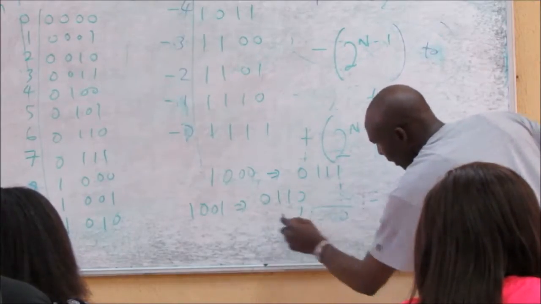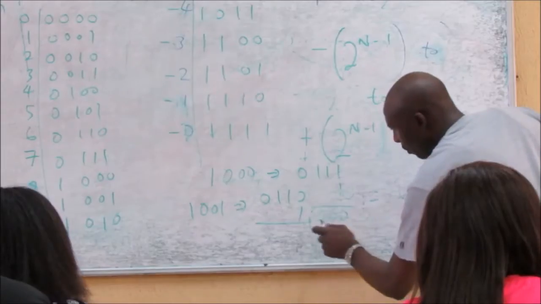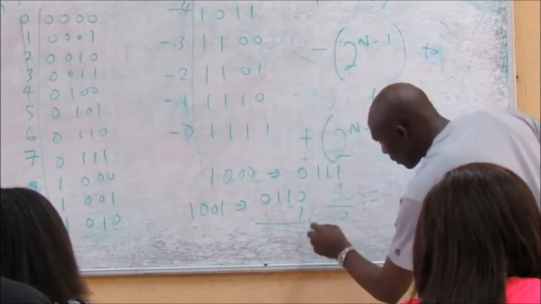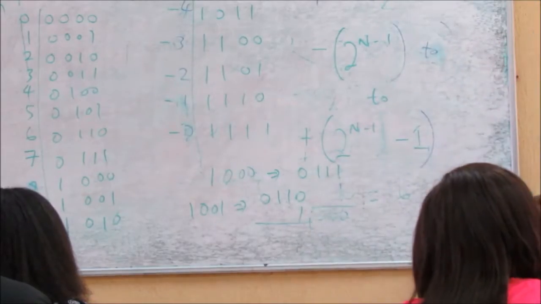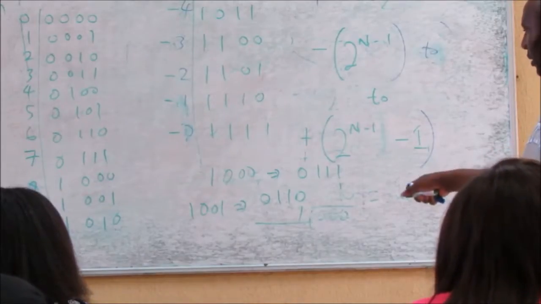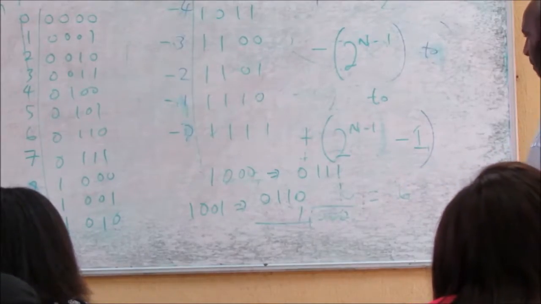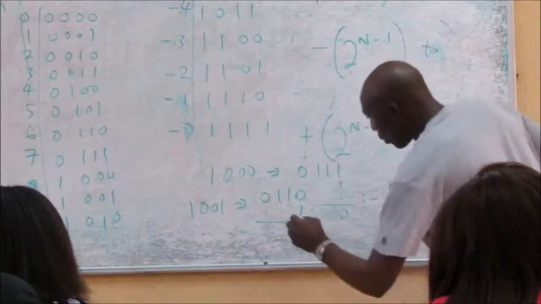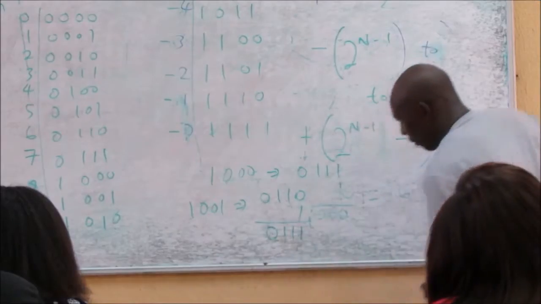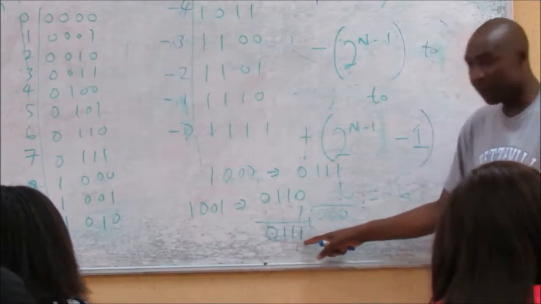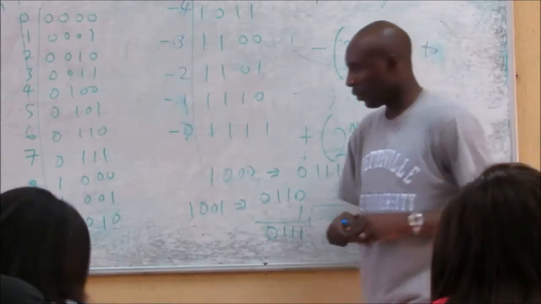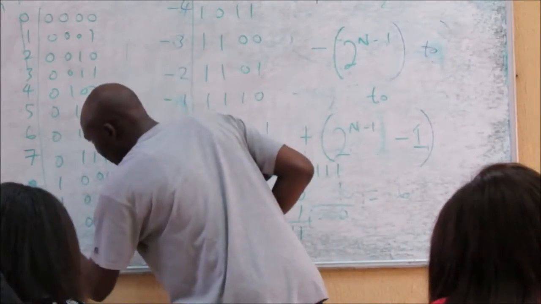Add 1 to it. So this is 1, 1, 1, 0. So this number is 7, and then what happens is that this number is minus 7. This is what we get here.